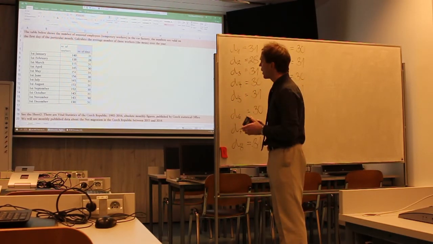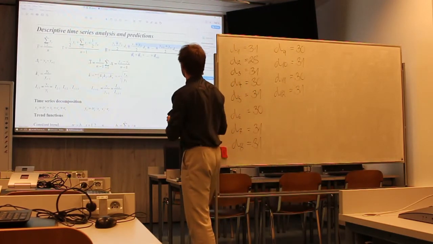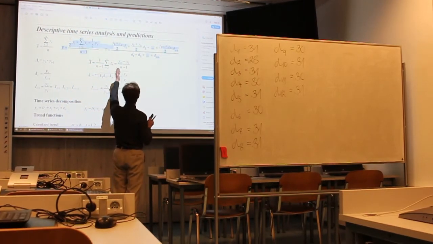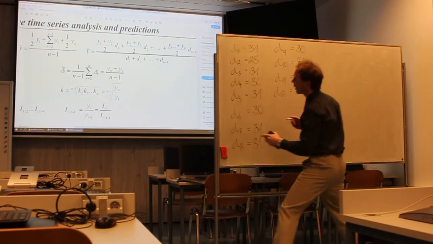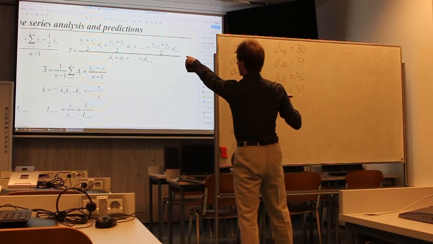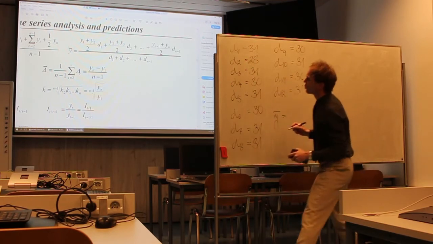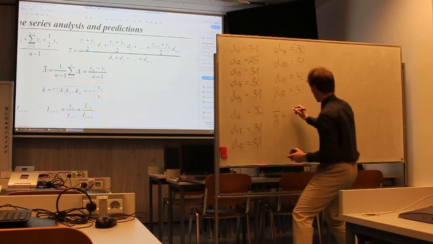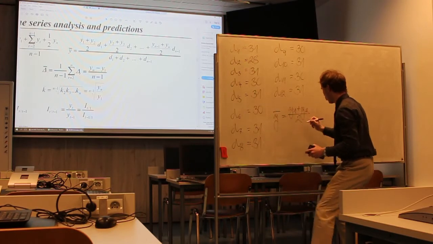So we have another column with the number of days, and we'll use the chronological mean, which is written in our formulas. It's the largest formula here. In the numerator, we have a lot of partial calculations. Y with a stripe is equal to the first observation plus the second observation, Y1 plus Y2, divided by 2.